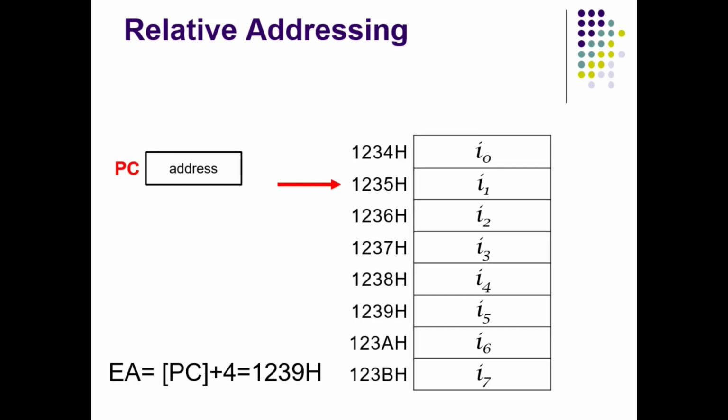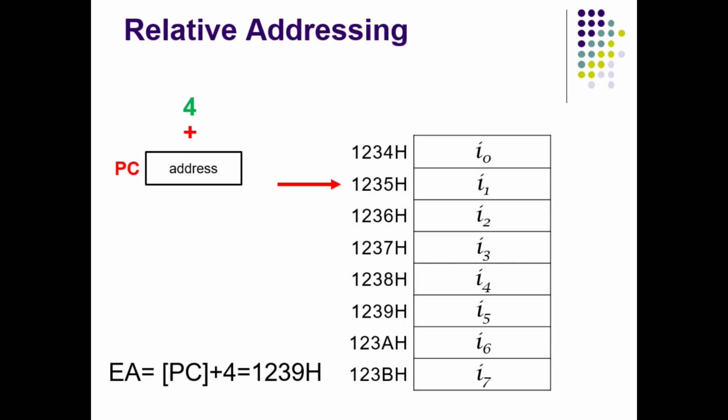Now during execution of I0 I make use of PC relative addressing mode and add some constant value to the PC, for example 4. The instruction under execution is I0, and the instruction that has to be executed next is I1. But now in the I0 instruction I used PC relative addressing mode and added a constant 4 to the PC.